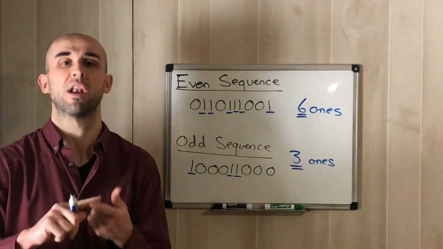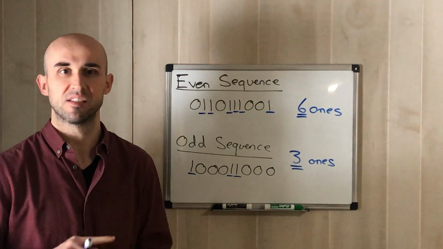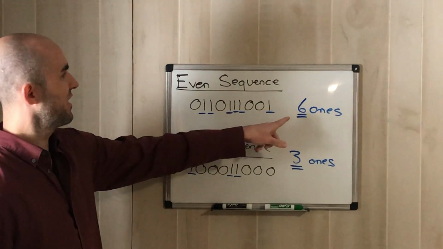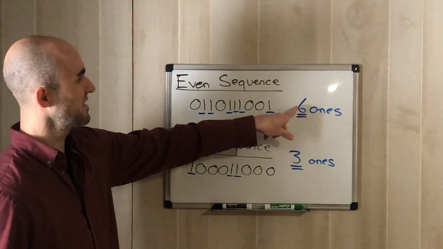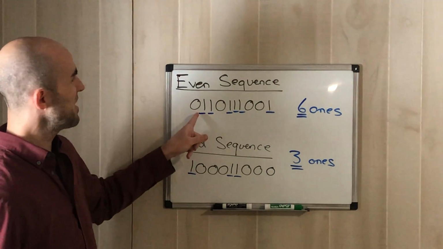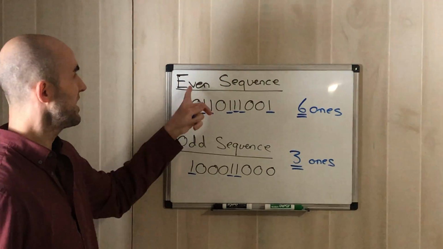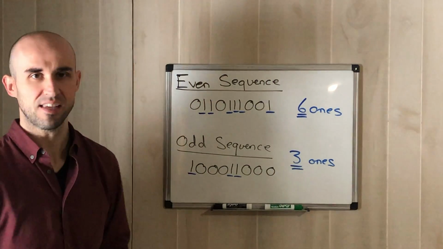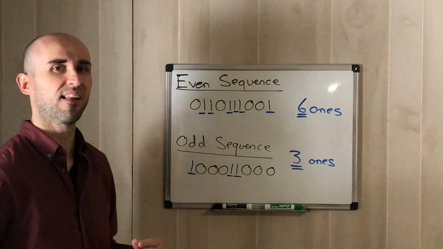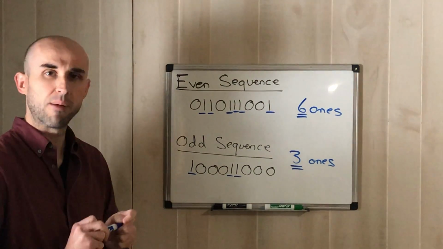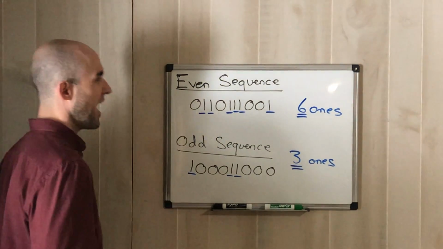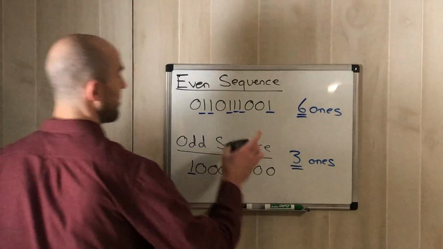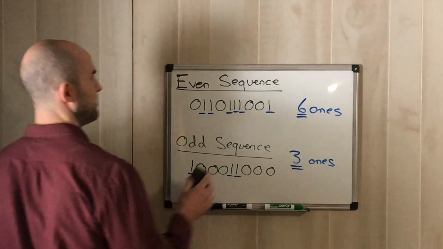So it has like 1, 3 ones, 5 ones, 7 ones, all of that. If the amount of ones is even, it's an even sequence. If the amount of ones is odd, it's an odd sequence. That's all it is. Again, it's just analyzing the ones. Just always remember odd numbers and even numbers, and we're counting the number of ones that are here, right?